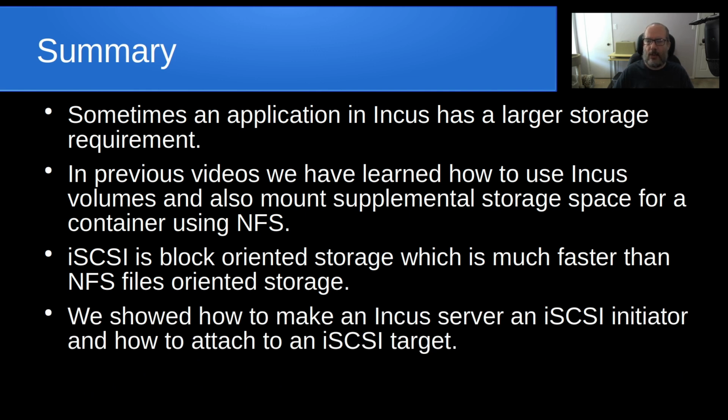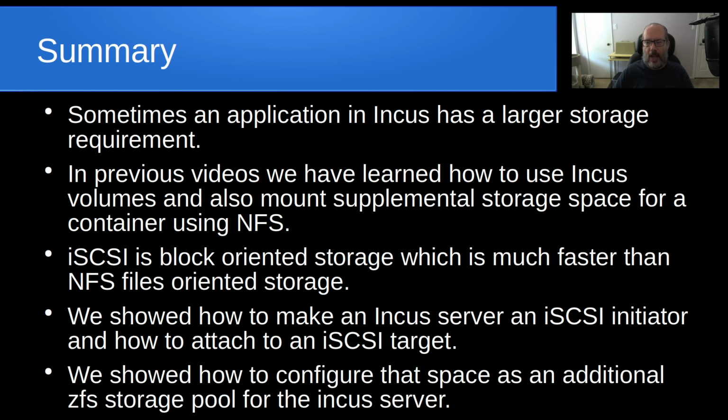And we showed how to make an Incus server an iSCSI initiator, and how to attach that to an iSCSI target to expand available disk storage. And we showed how to configure that additional space as a ZFS storage pool for your Incus server.